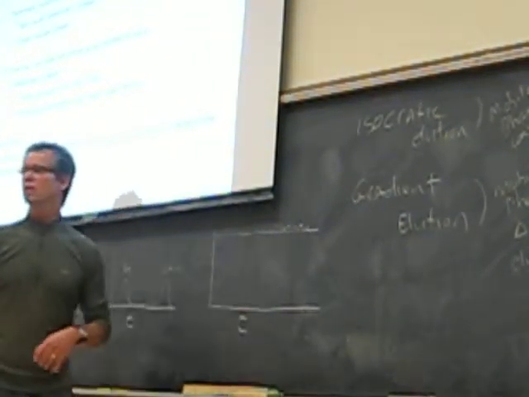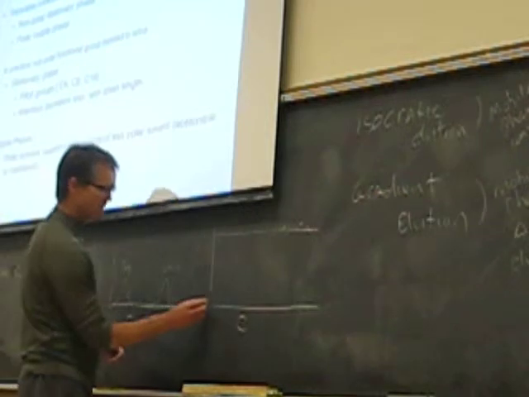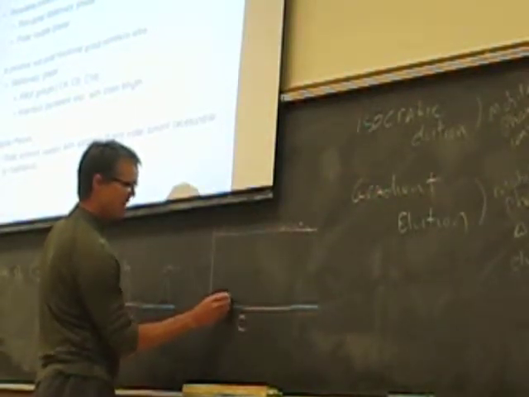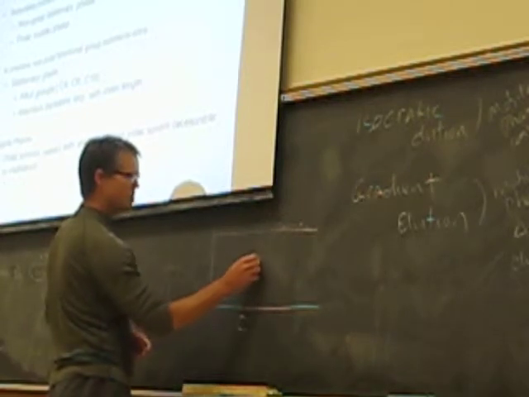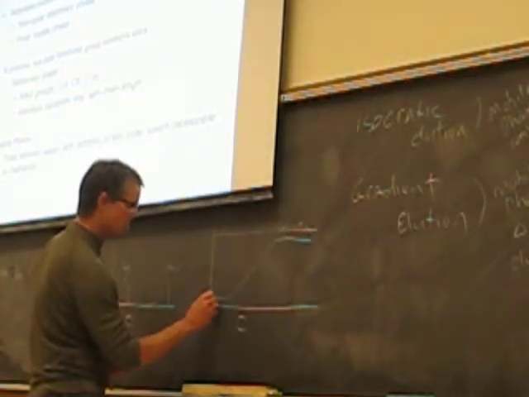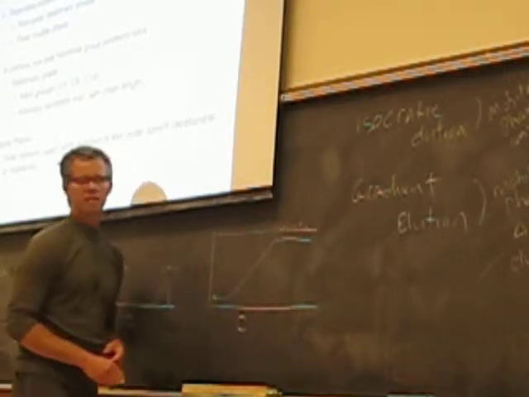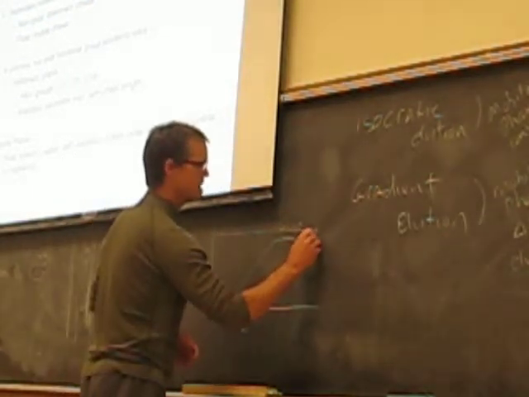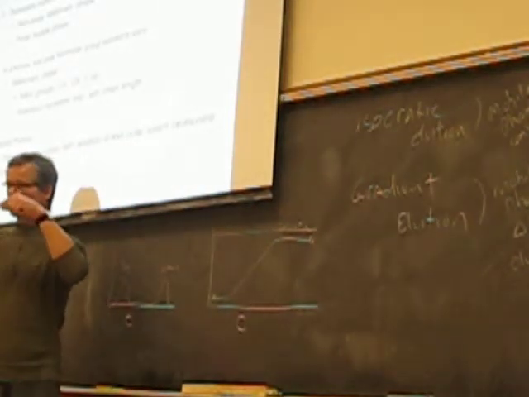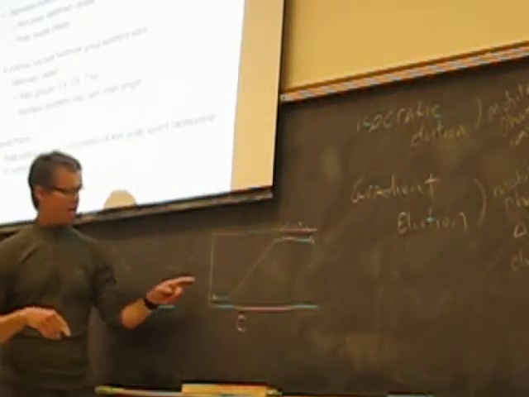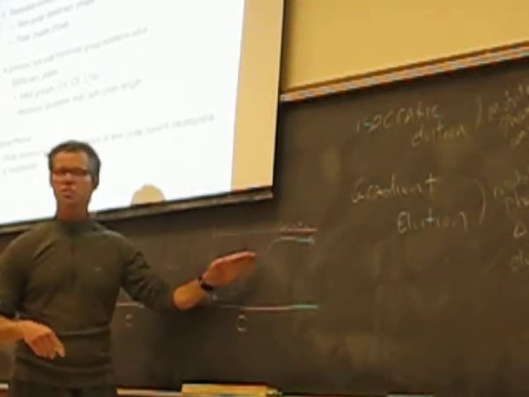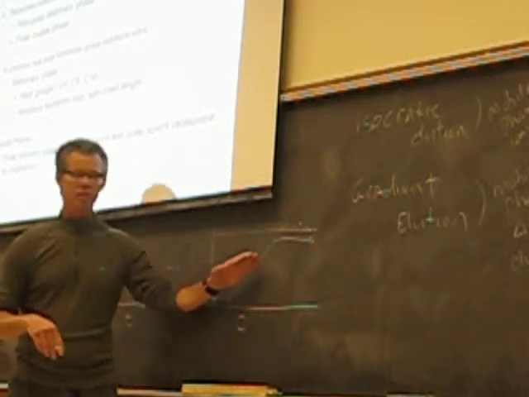But if I were to do a gradient elution profile, it would look something like this, where I would have one mobile phase coming in here, and then I change it, and the mobile phase composition would change. By the end of the elution, it would look like this. And so this is all mobile phase A. This is all mobile phase B. So I have two reservoirs that are being mixed by these fancy pumps. And the composition of A and B is changing in a linear fashion that I program in over the elution.